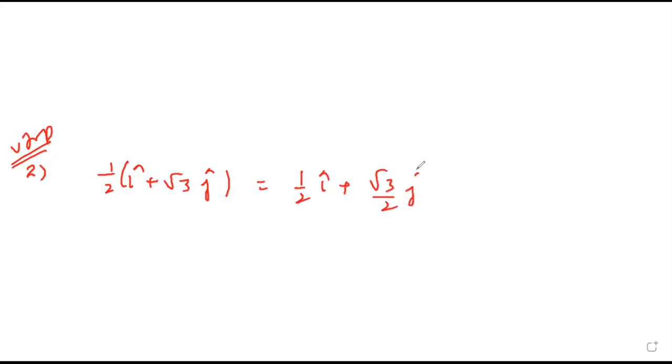This is a very important sum because it is vector related. A ray of light traveling in the direction half of i cap plus root 3 j cap. Now half of i cap plus root 3, this is nothing but half i cap plus root 3 by 2 j cap. This is the meaning.